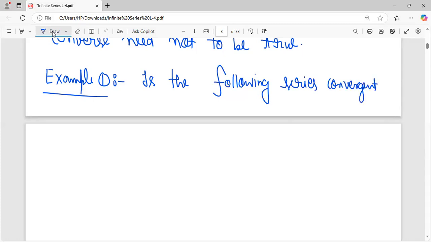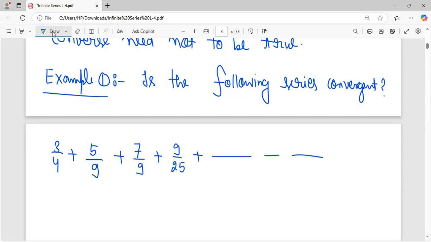What is the series? I am writing below. This is 3 upon 4 plus 5 upon 9 plus 7 upon 16 plus 9 upon 25 and so on. Okay. So solution, what is this?